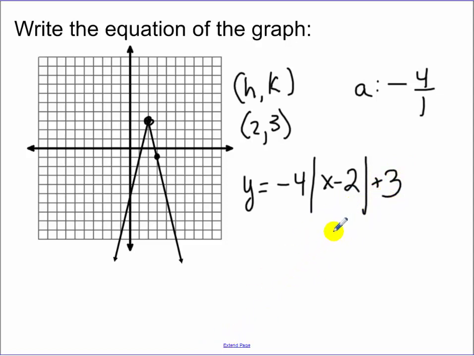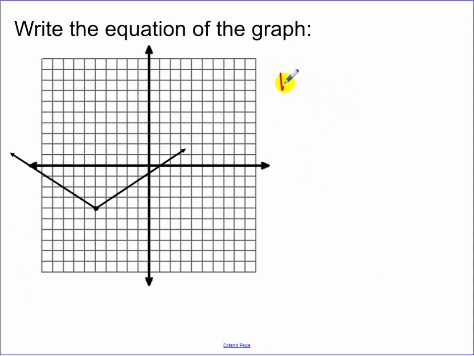Minus 2 means right 2, which makes sense. And the 4 is negative because we're opening down. If you go from your vertex always to the right and count out your slope, because I went down 4, right 1, that gets you the negative version that you needed.